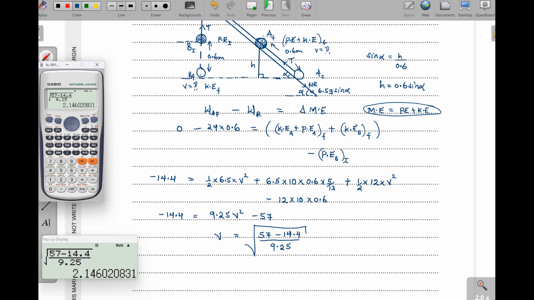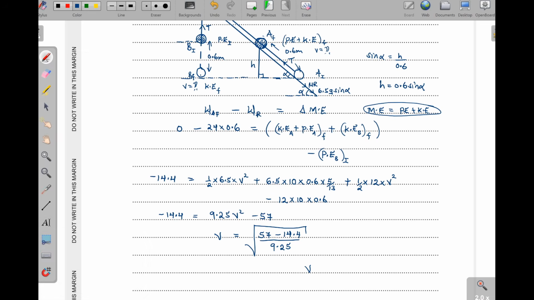That is 2.15 to 3 significant figures, 2.15 meters per second. That is to 3 significant figures. So that is that. So this has been it for this paper.